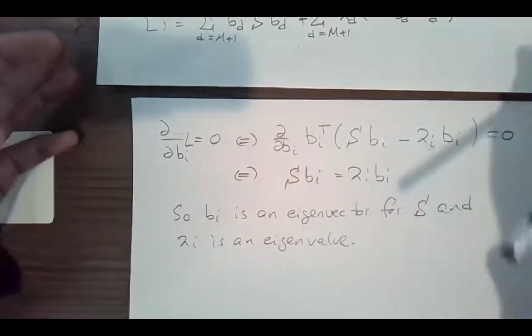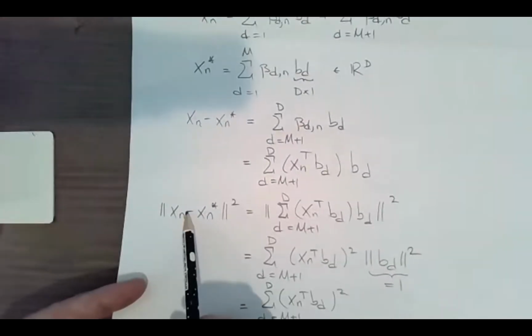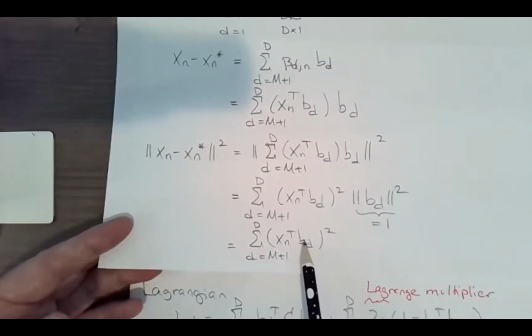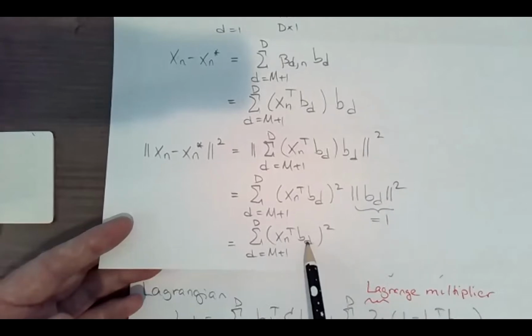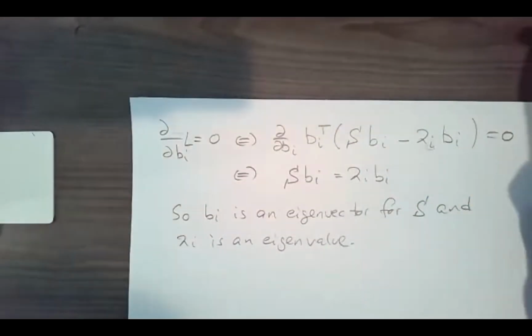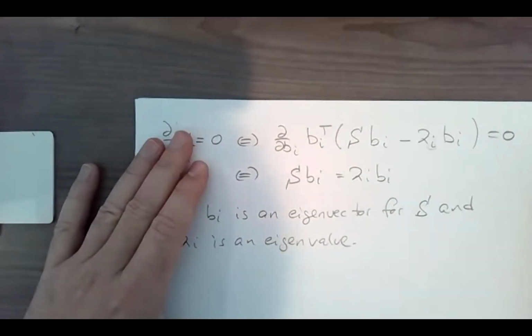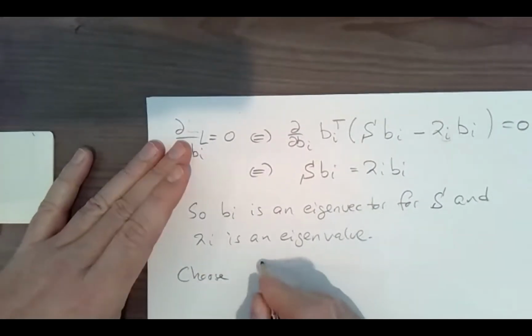So if I want to make the approximation error small, you have to have these remaining vectors have large eigenvalues. So that's the key thing. So you need to choose these B.